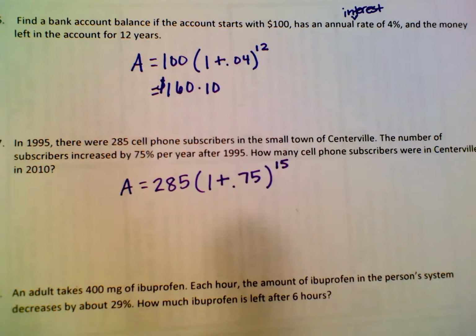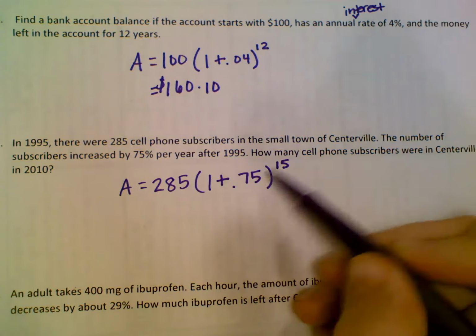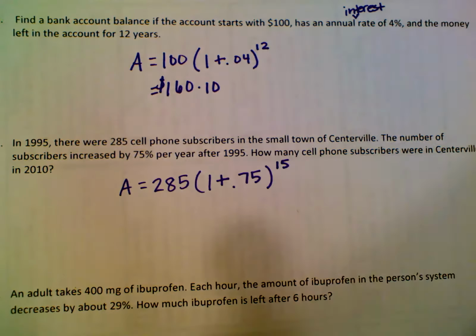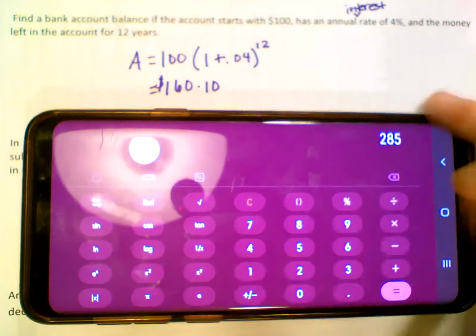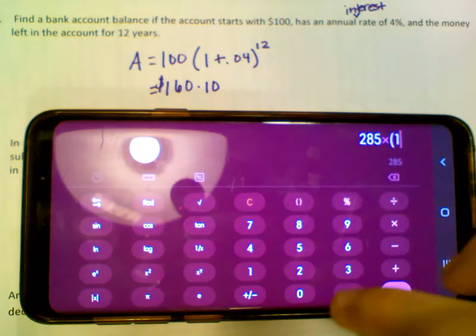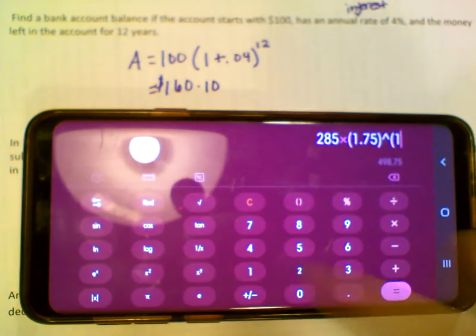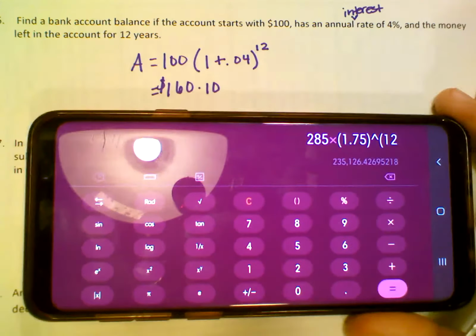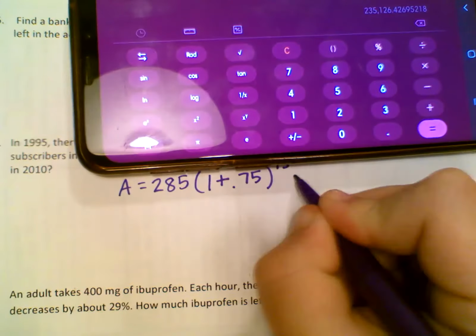So I'm actually going to expect this number to be quite big because this is a pretty big percent increase, and that's quite a bit of time. So even though we start with 285, I would expect to see something pretty significant. So let's see what we get. To the power of 15. 235,126.